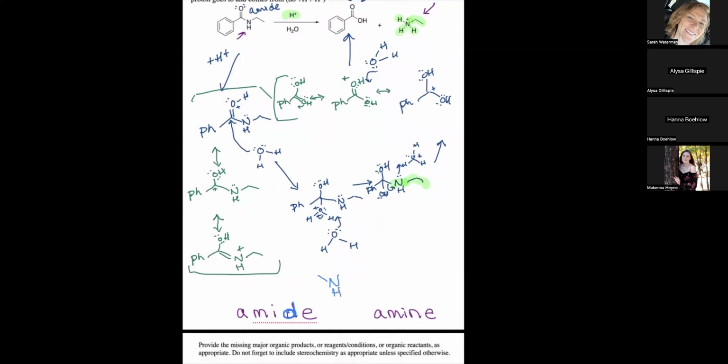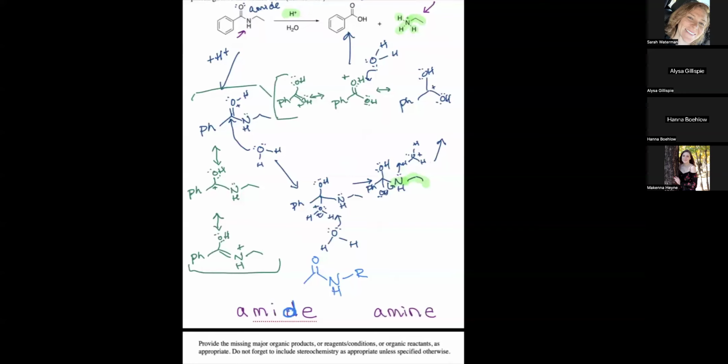I'll use this example, right? So R, right? So an amide has this double bond O connected, not directly, but very closely connected. We just have this one carbon between it, versus an amine, excuse me, which is just third degree, second degree, and I'll cover that too, but no oxygen.